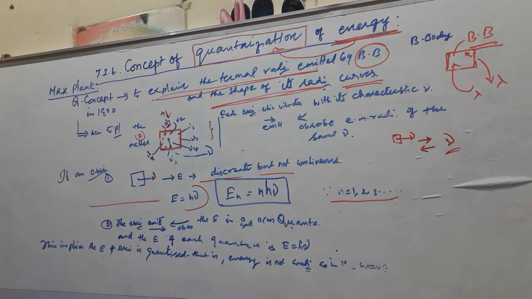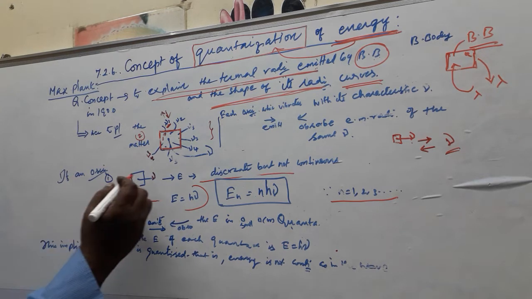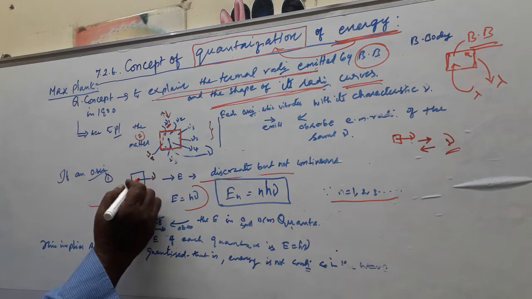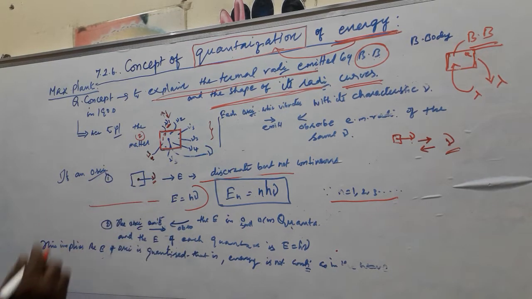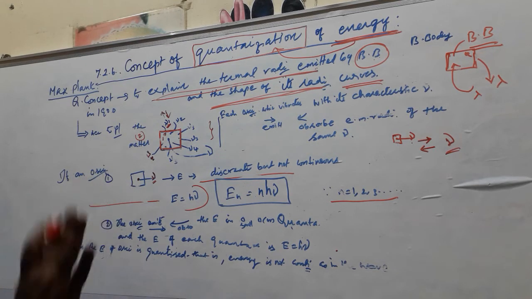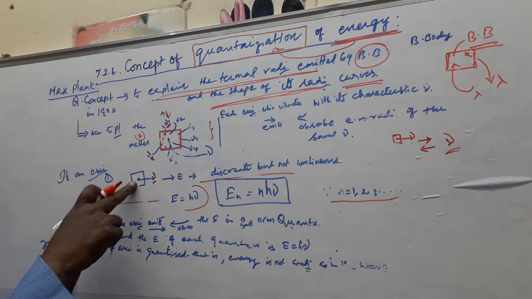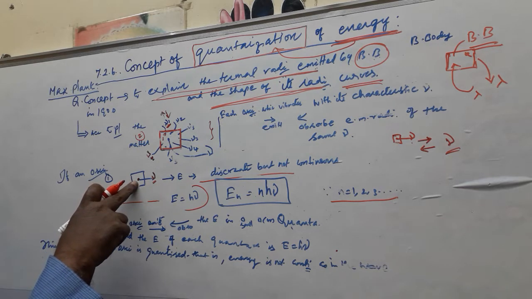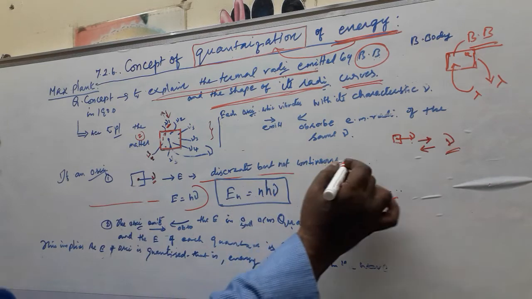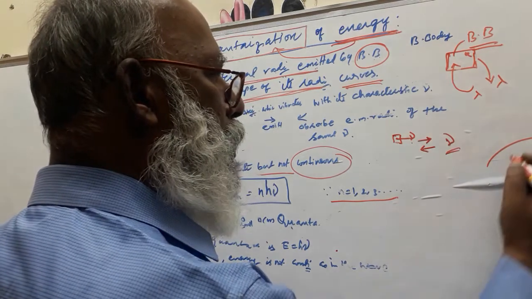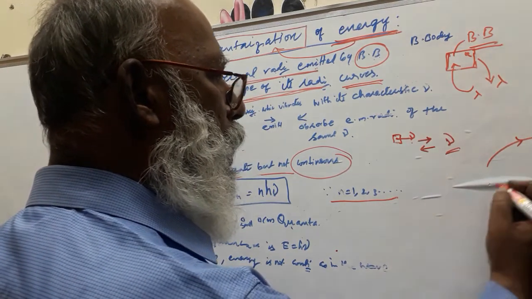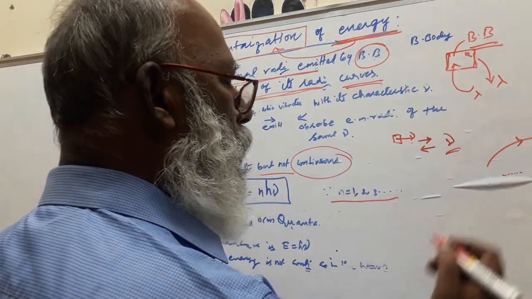Suppose we consider one particular oscillator vibrating with its frequency nu. Then what will happen? The energy is radiated from the oscillator not in a continuous manner, like this, which is according to wave theory, nor as a continuous particle stream.